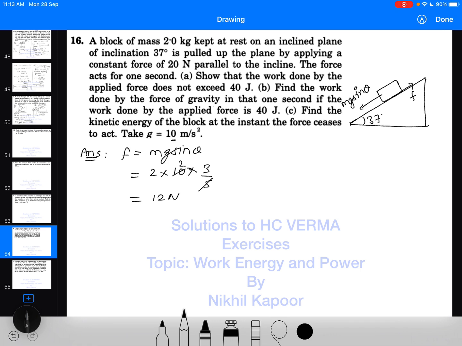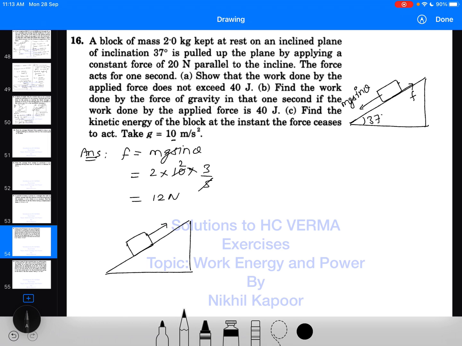Now this said it is pulled up by applying a force of 20 Newton parallel to the plane. So we have applied a force of 20 Newton parallel to the plane. After applying the force of 20 Newton parallel to the plane, the direction of frictional force will get changed, because as the block is sliding up, obviously the frictional force should act in the downward direction.